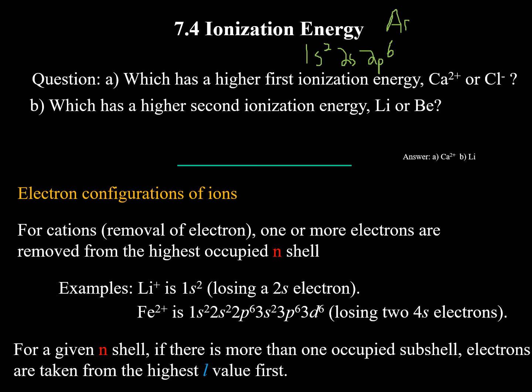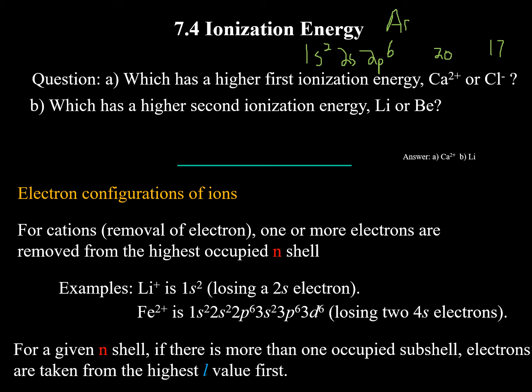The chlorine has 17 protons. The calcium has 20 protons. So you can imagine it is more difficult to remove the electron from the calcium because of the more positive charge. They both have the same shielding electrons. So calcium 2+ will have a higher first ionization energy.